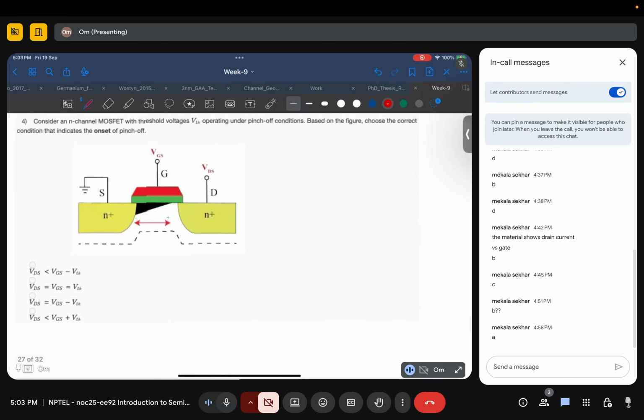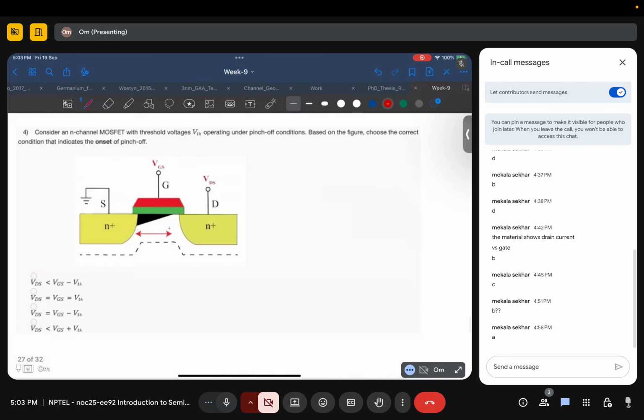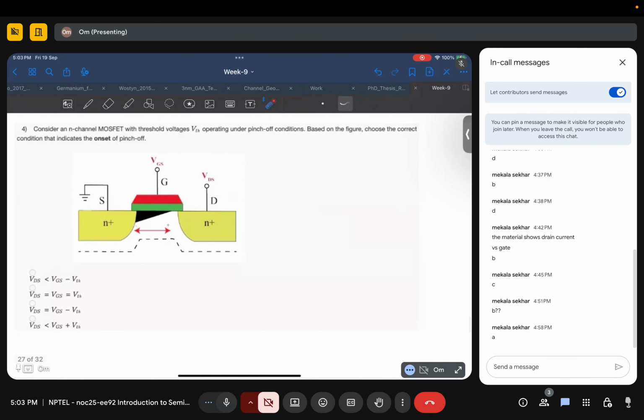Okay, next question. Consider an N-channel MOSFET with threshold voltage VTH operating under pinch-off condition. Choose the correct condition that indicates the onset of pinch-off. So onset of pinch-off means onset of saturation.